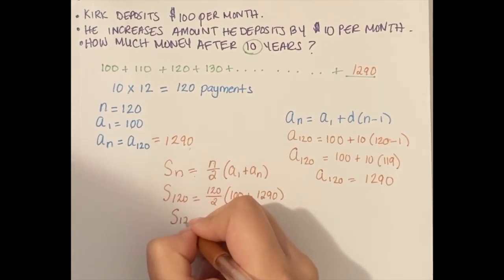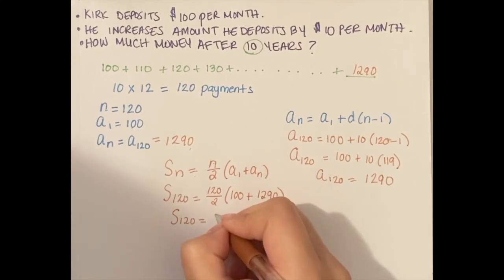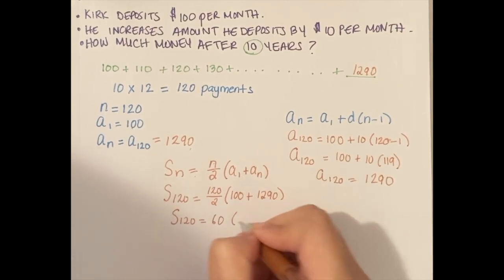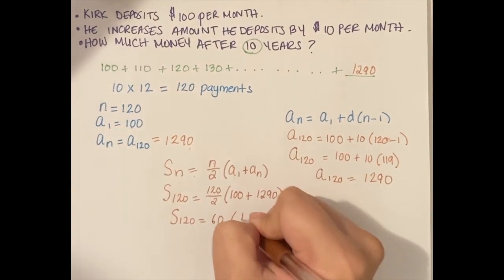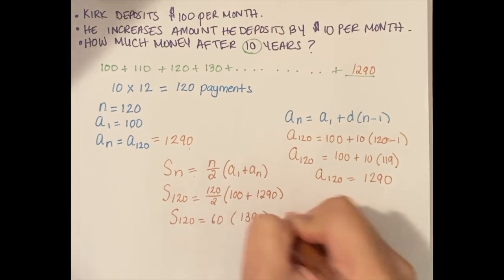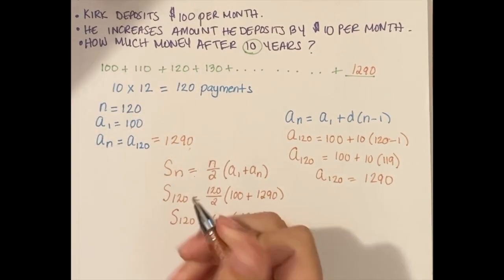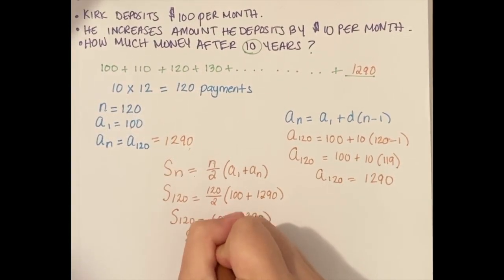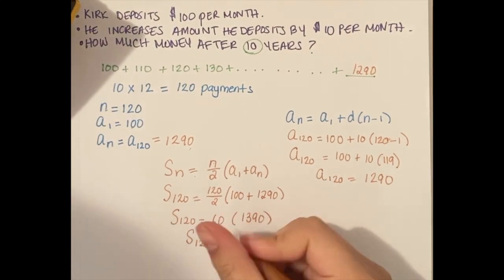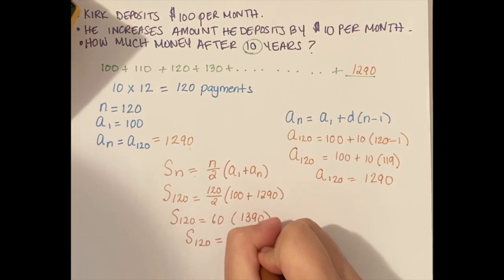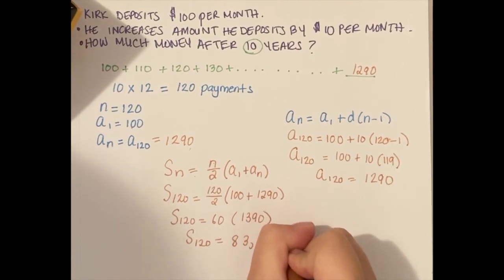So I'm simplifying. 120 divided by 2 is 60 times 1,390. And then when we multiply, we get that at the end of those 120 months, at the end of those 10 years, this is how much money will be in the account.